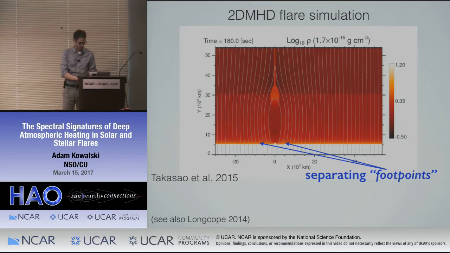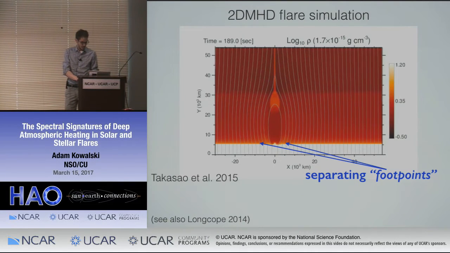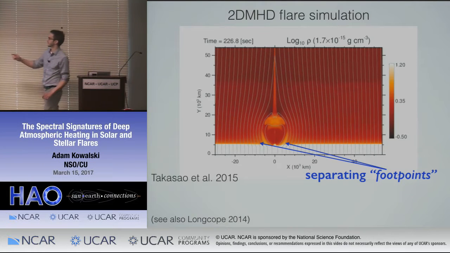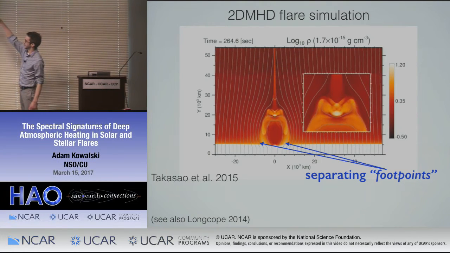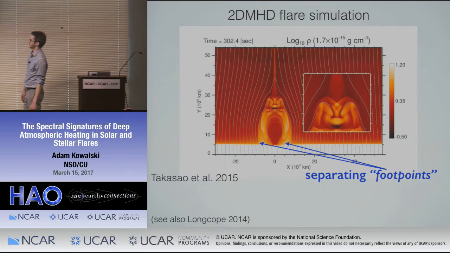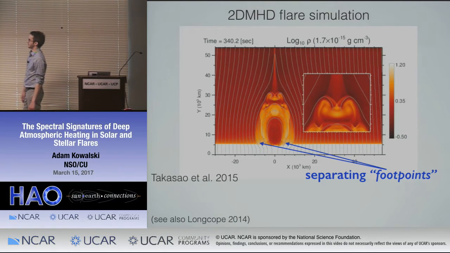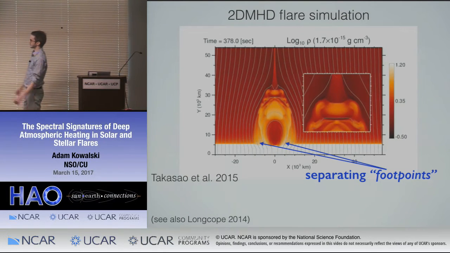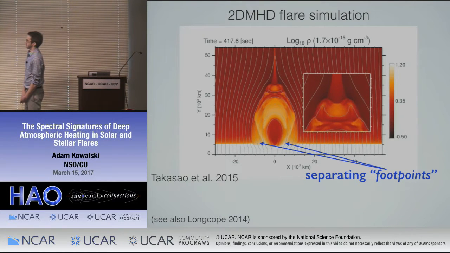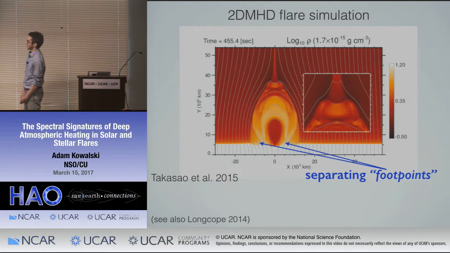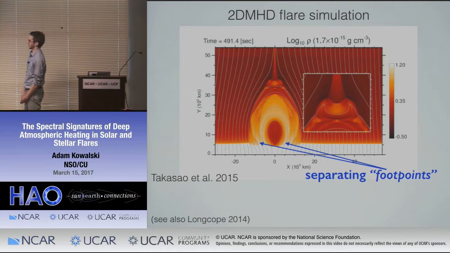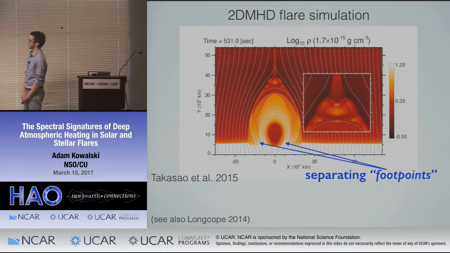So I'm going to play it here, and the color is the density. So magnetic field lines reconnect at the top, and then they retract at about the Alfvén speed, and then you have an increase in density in the loops. So you see downflows there, which is called a condensation.